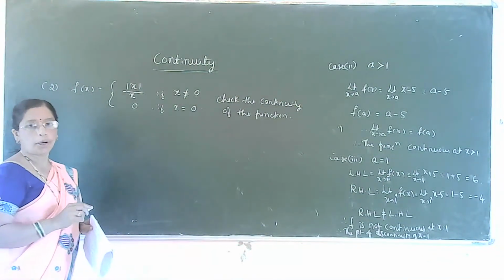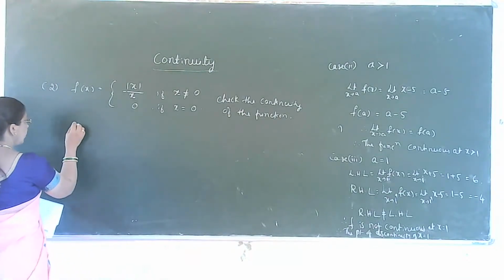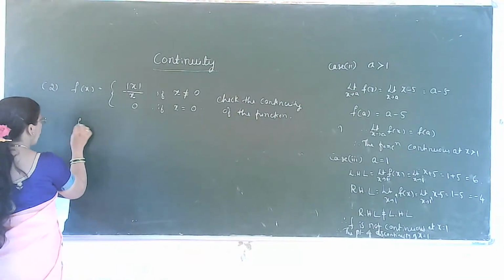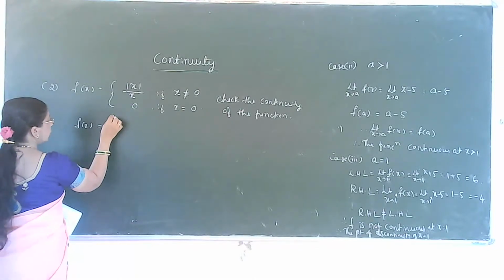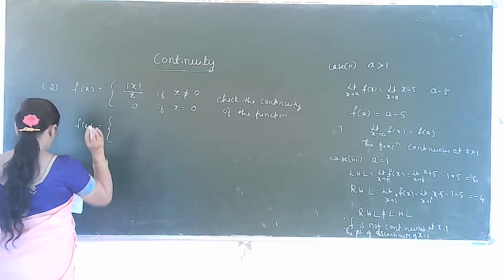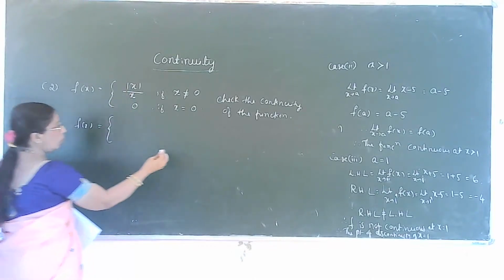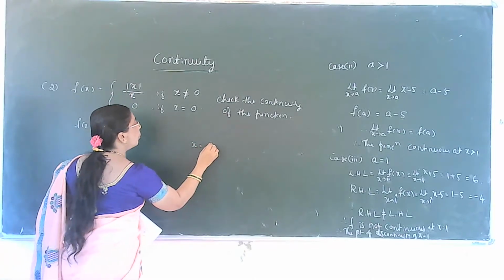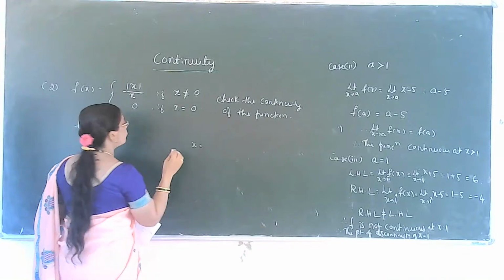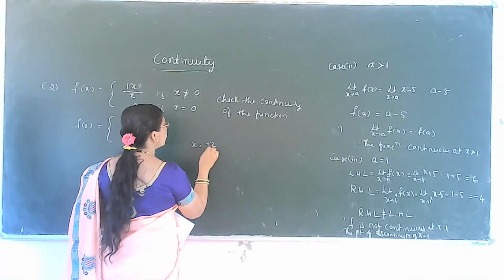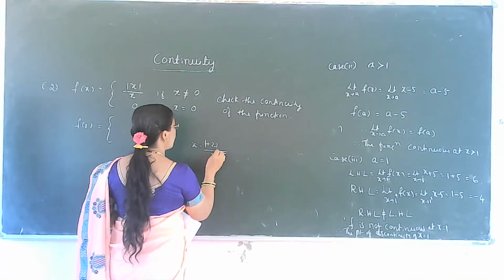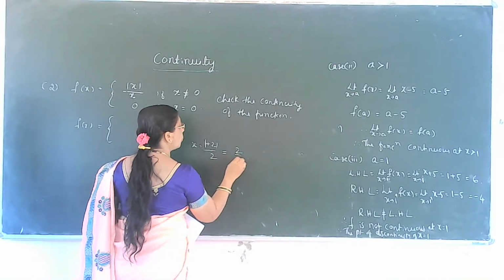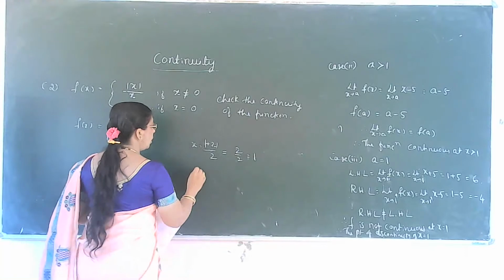Here we rewrite the modulus function as f of x equal to... Here we take x equal to plus 2: mod of 2 divided by 2 is equal to 2 by 2 is equal to 1.